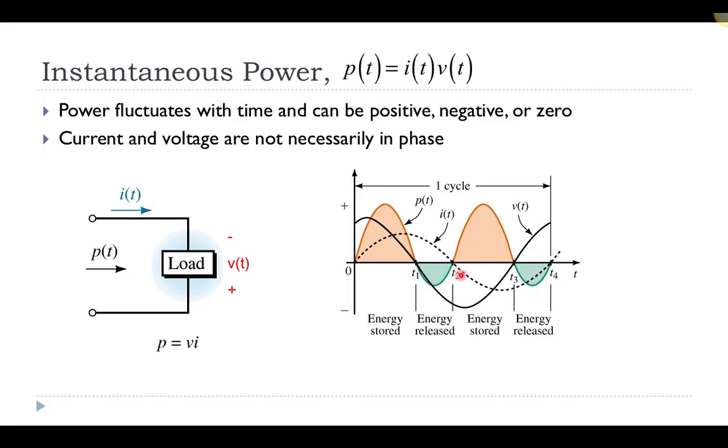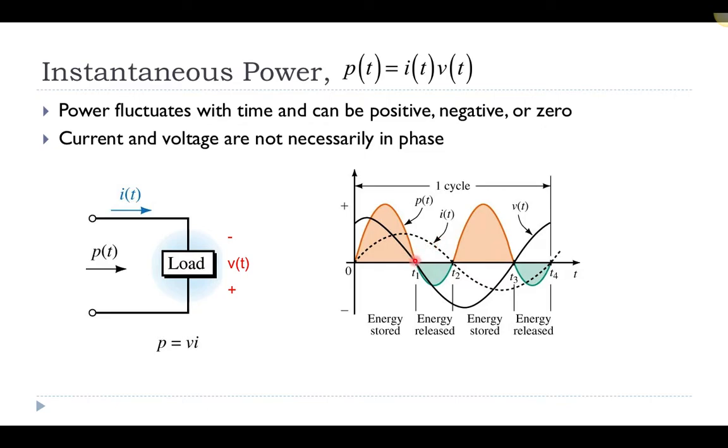And then, of course, when you have both negative voltage and negative current in terms of their direction and polarity, then if you multiply those together, you get a positive again, and then when they're opposite, you're going to get a negative. So the power, as it fluctuates in time, can be positive, right? Here it's positive. It can actually be zero, right?